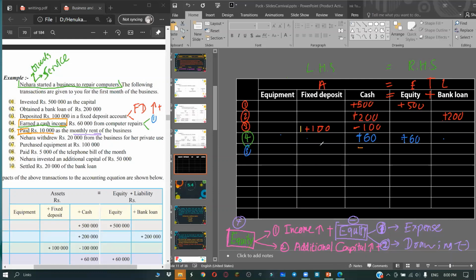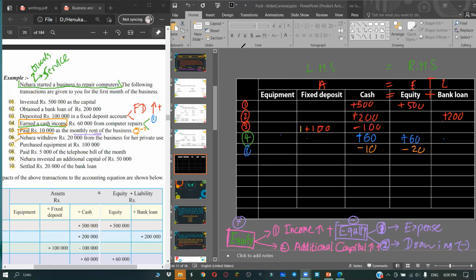Paid means our cash asset will be decreased, by how much? Rupees 10,000. And equity, so rent is an expense. Now if you can, do the 6th one on your own. Don't wait for me to do it.